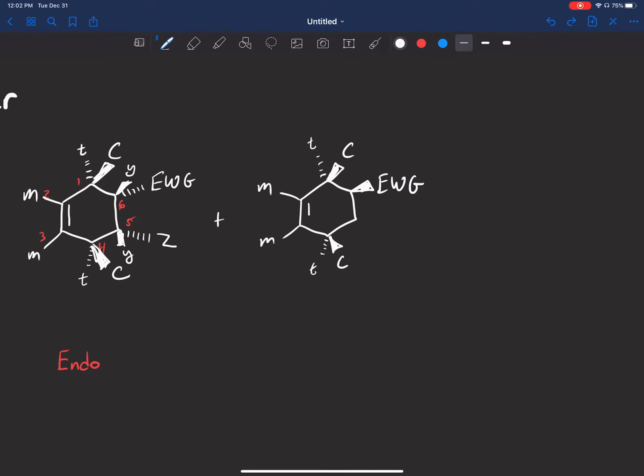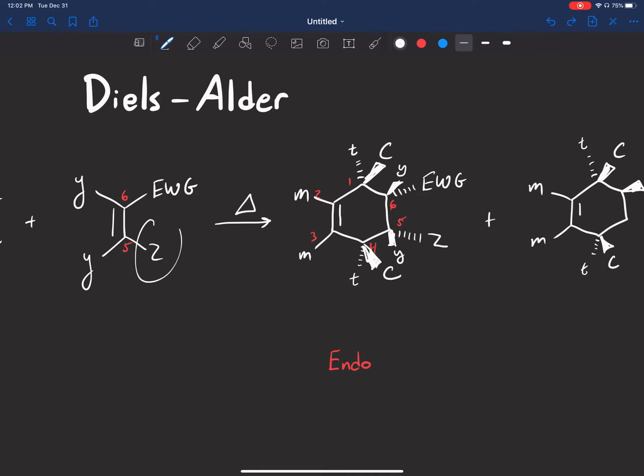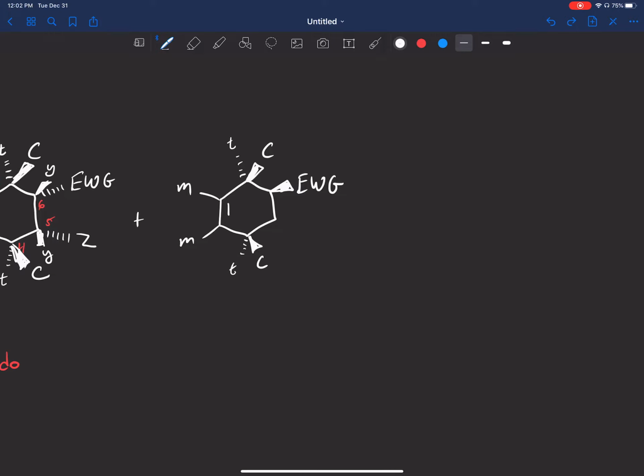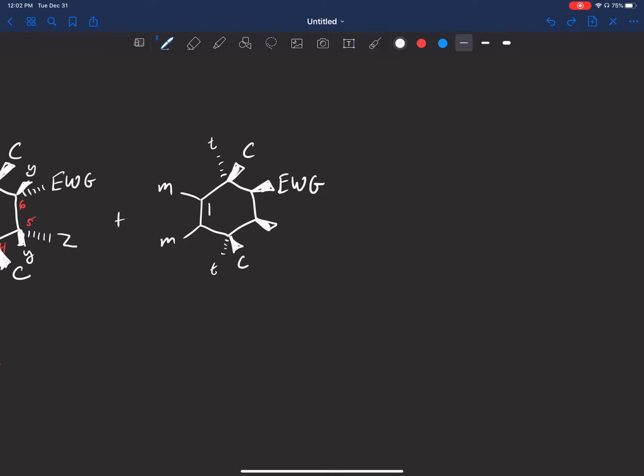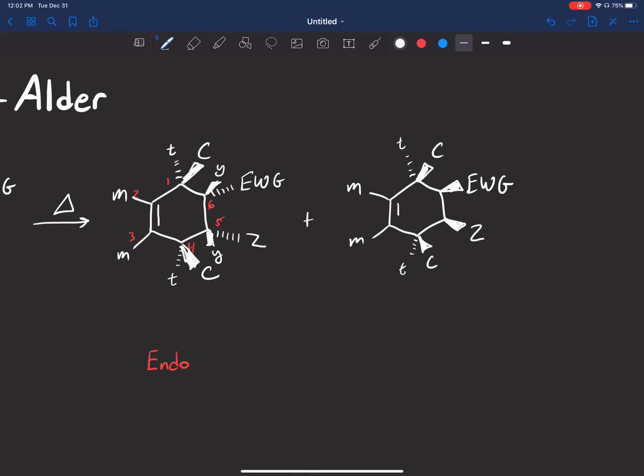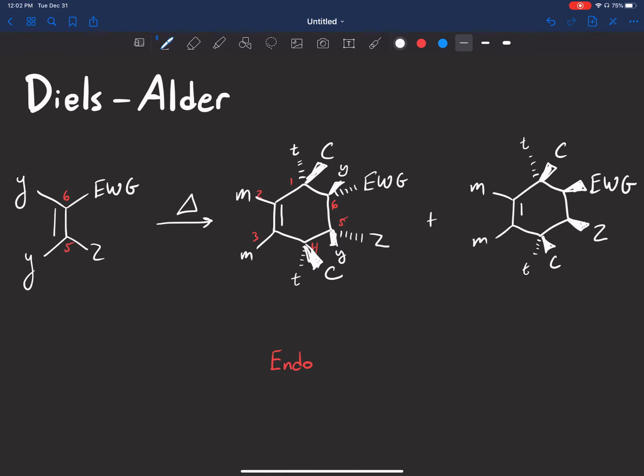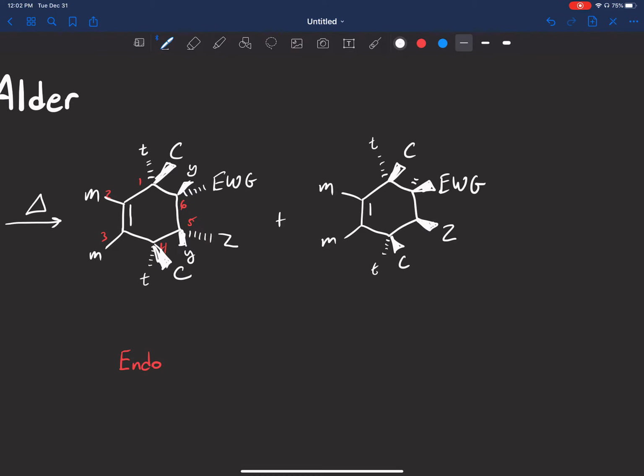And remember, if we make the electron withdrawing group wedged, because that substituent is on the same side, it must also be wedged. And then the Y groups will have opposite stereochemistry. And that is going to be the exo product.